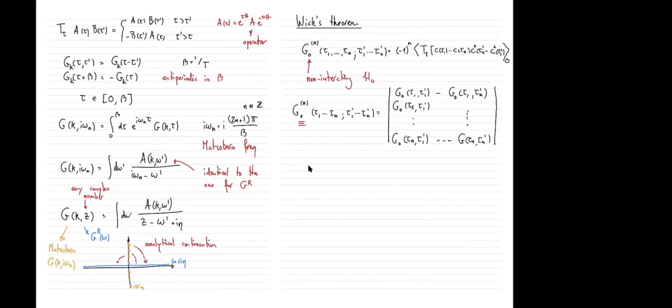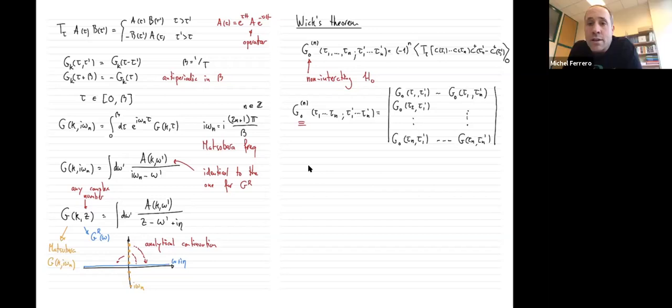Thomas Michel has a simple question about Wick's theorem. Is this Wick's theorem in any way linked to the Wick's theorem in quantum field theory? No, it is the same. It's the same Wick's theorem as the one that you meet in quantum field theory.